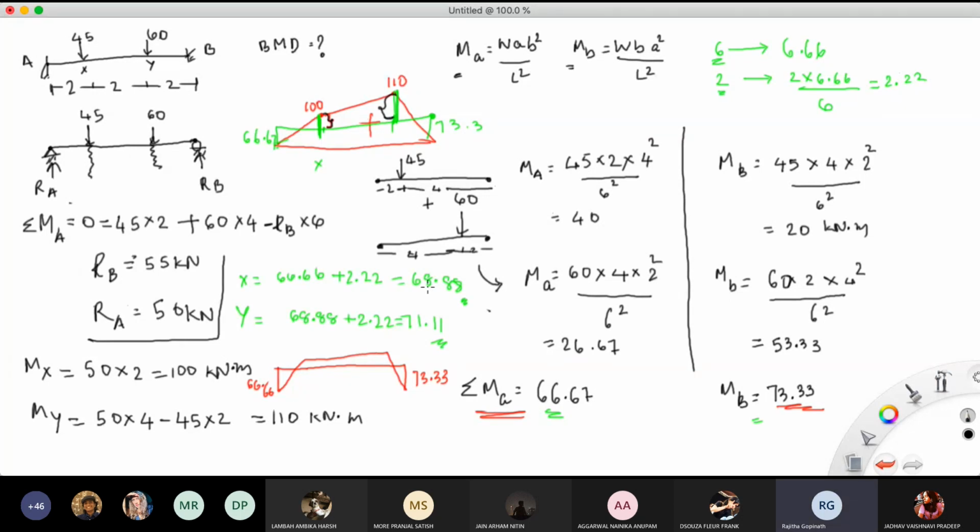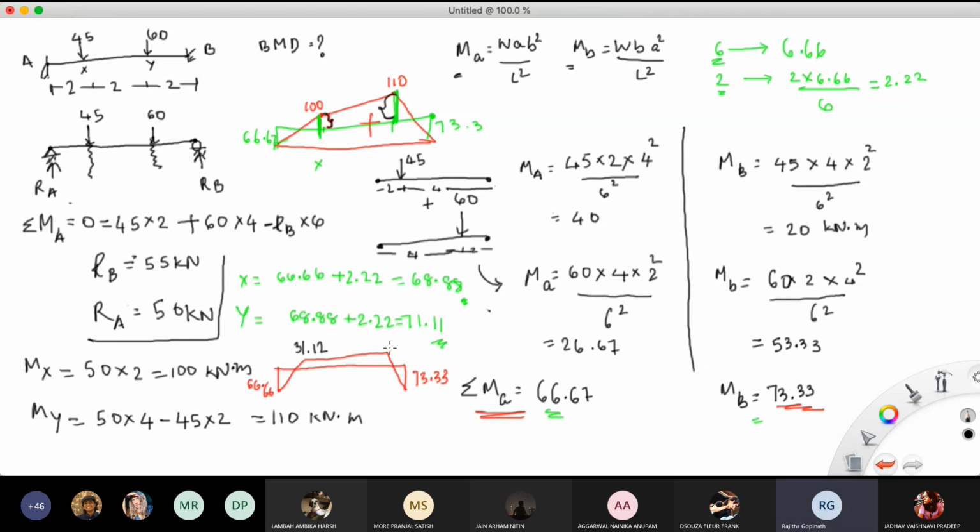So positive is 100 and negative is 68.88, तो उसको माइनस करूंगी तो I will get the final which is 31.12. So I will write here it is 31.12.